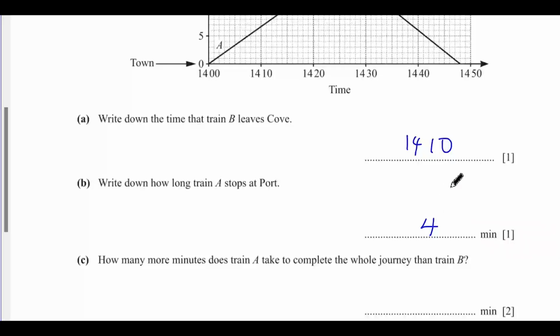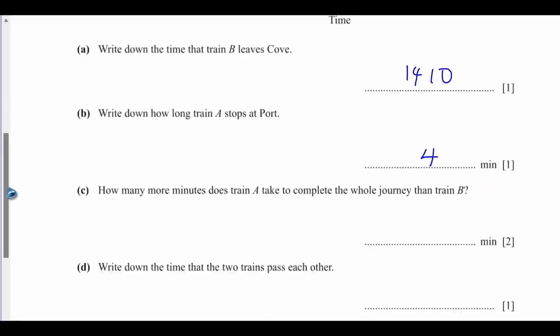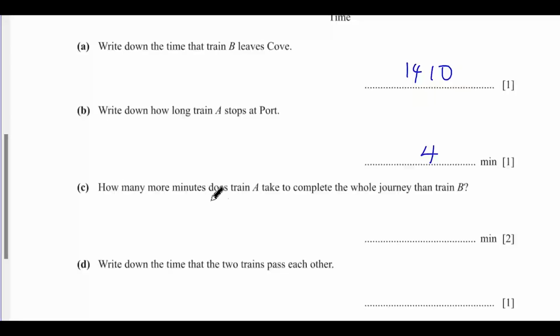So the next one will be question C. How many more minutes does train A take to complete the whole journey than train B? Okay, so the first thing we need to do is to get the timing for B and also get the timing for A. Then we can now subtract.